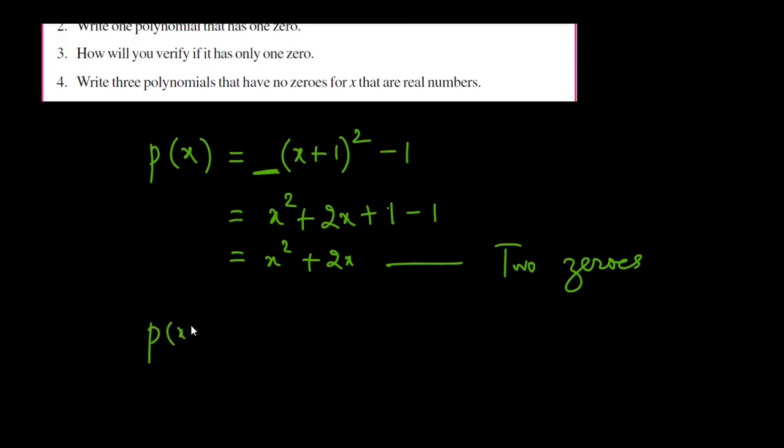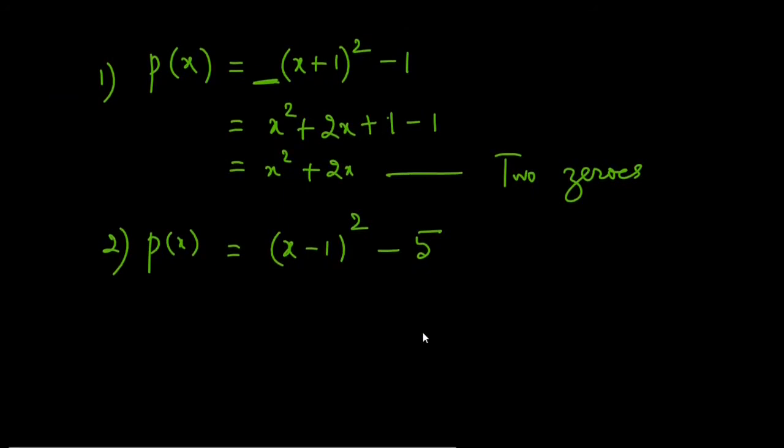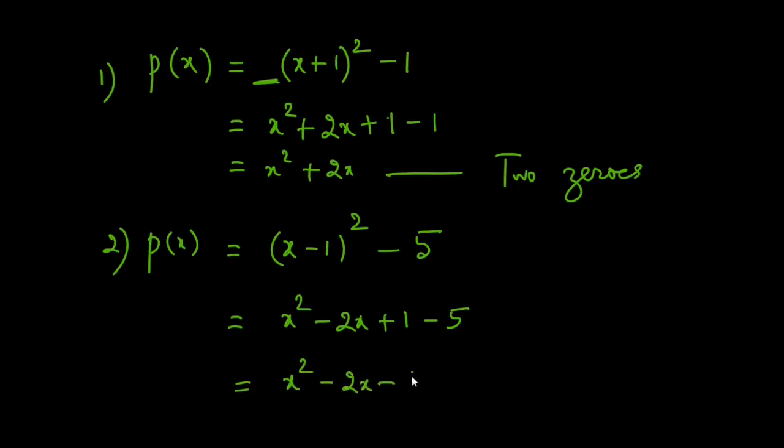Or say P of x is equal to x minus 1 whole square minus 5. This is equal to x square minus 2x plus 1 minus 5. This is x square minus 2x minus 4.